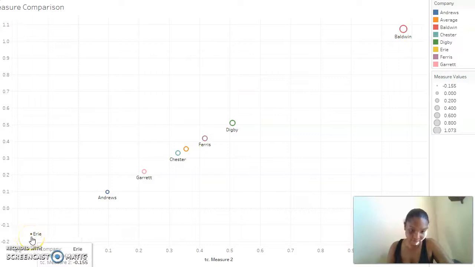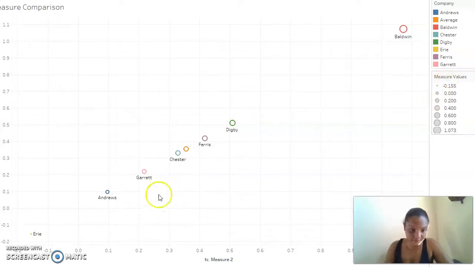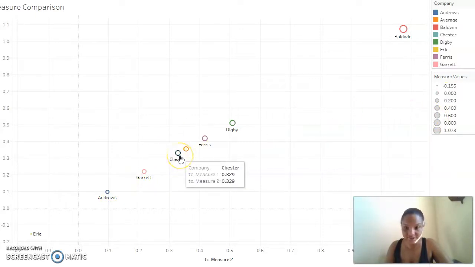It's like a little small dot down here. Andrews is 0.097. So if you see over here, Andrews' size bubble is the size right here because it's 0.0. And then Garrett is this size. And then Chester is in between, looks like to me.